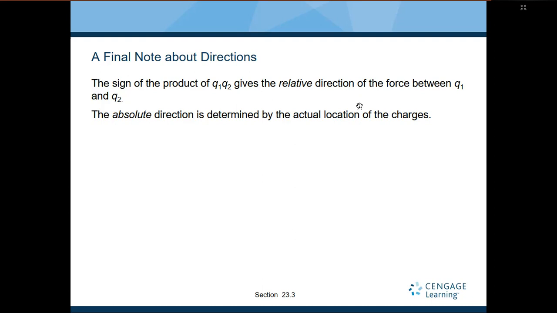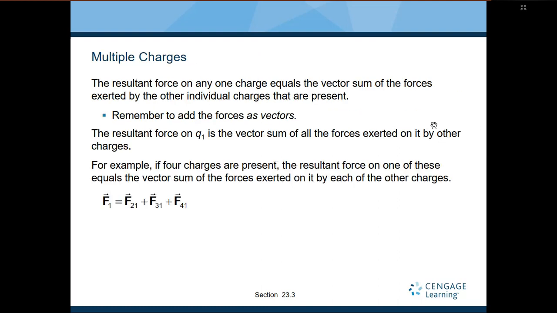However, in Coulomb's law, we are just using the absolute value in the equation. That is why you must be careful in dealing with the direction of these forces. The absolute direction is determined by the actual location of the charges. Later on we can specify what these directions are.